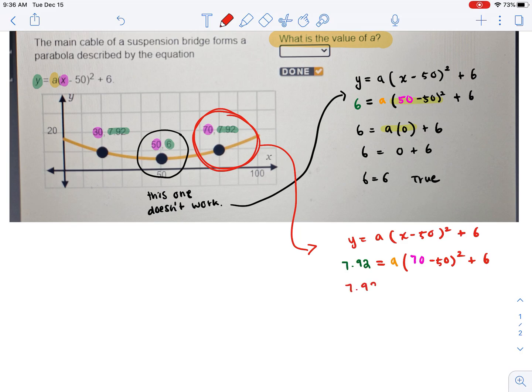This time you'll notice it doesn't turn into 0. 70 minus 50 is 20, squared, plus 6. 20 squared is 20 times 20, that's 400, plus 6. Right here, we have a variable and a coefficient. Usually our coefficient goes in the front, so I'm going to reorganize this and write 400a plus 6.